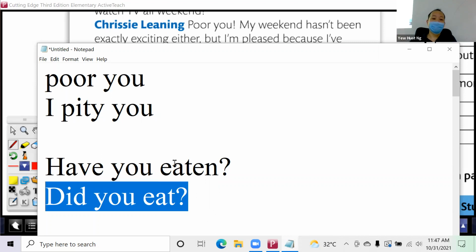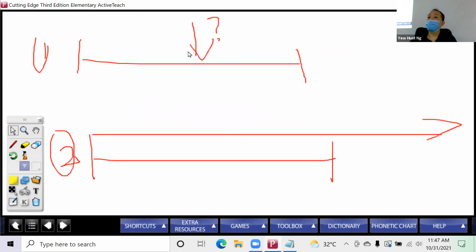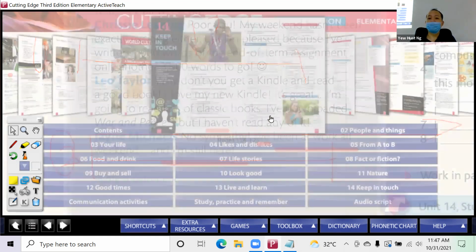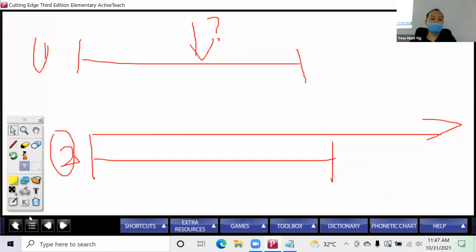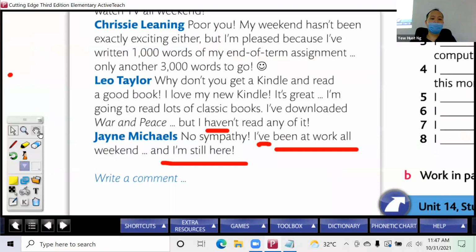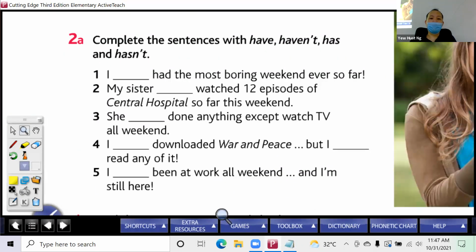Because have you eaten, the question is like this in the past. Okay? Just that we are not very, very clear. Okay. Any questions up to now? No? Okay. So if no questions, let's try this over here. Can you complete all this?